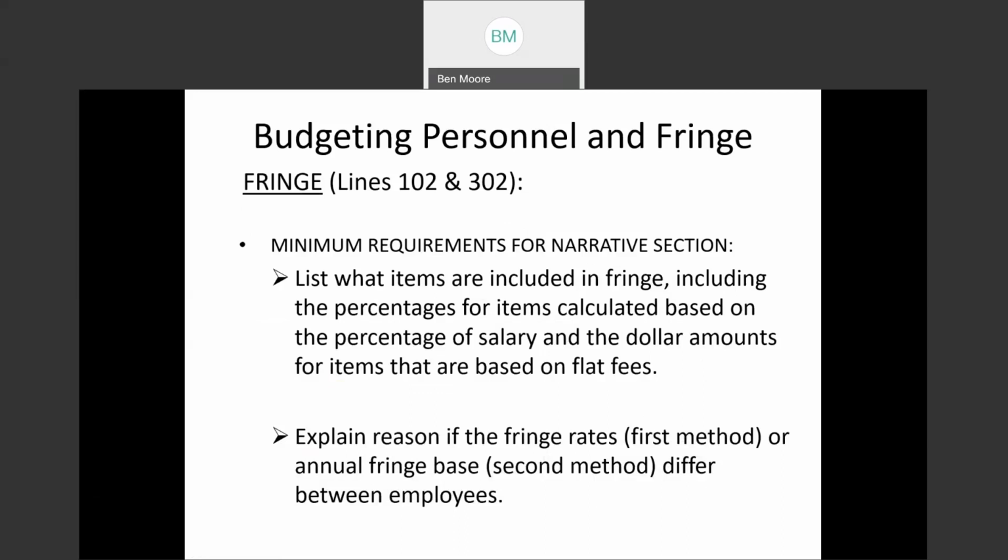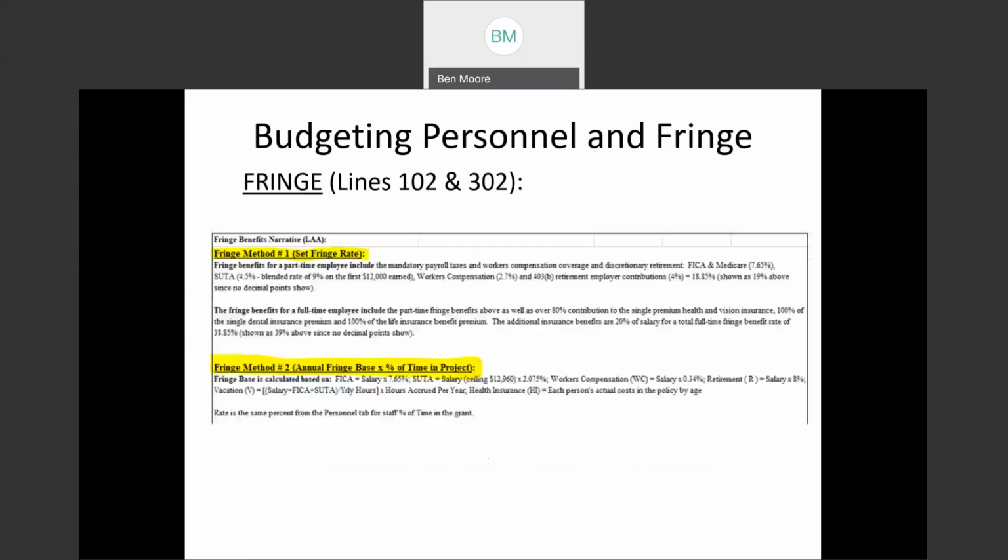And some explanations of that may be that there are items that are fringe items that are a flat amount. Typically, health insurance falls into that category where you would charge a flat amount for health insurance for each employee regardless of their salary. So in that case, the percentage of their salary that makes up that particular fringe benefit will vary from employee to employee.